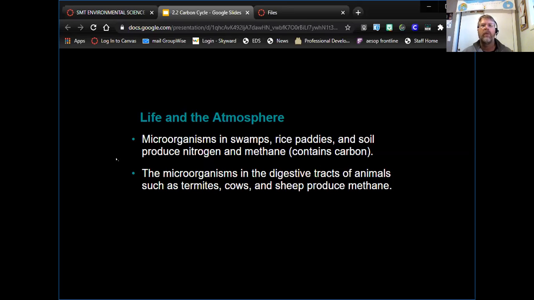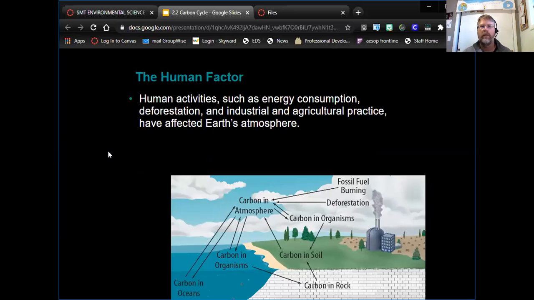Other animals have other microorganisms. Termites have little bacteria-type microorganisms that help them break down wood. Cows and sheep have different microorganisms that help them break down grass. Those three, termites, cows, and sheep, happen to produce a lot of methane as well. You and I do not produce as much methane. We do produce carbon dioxide.